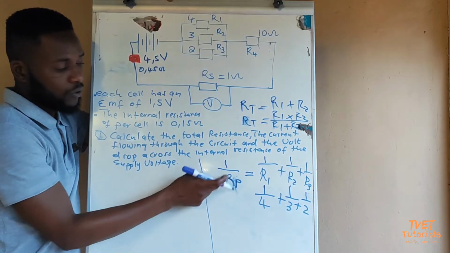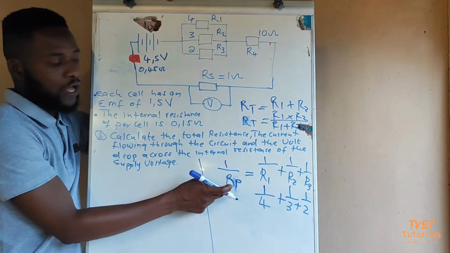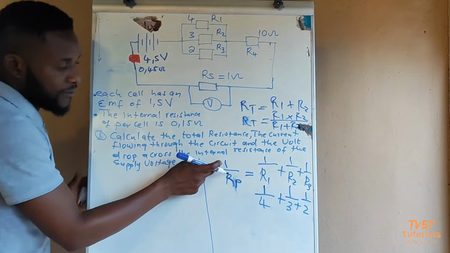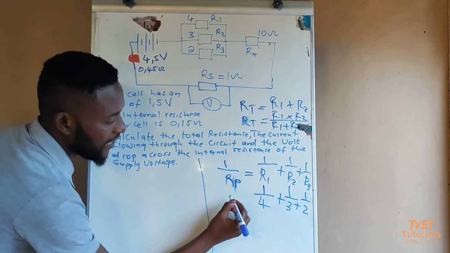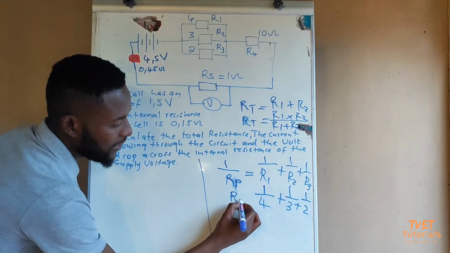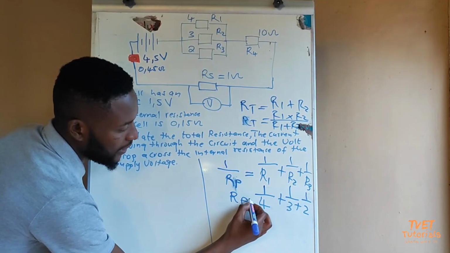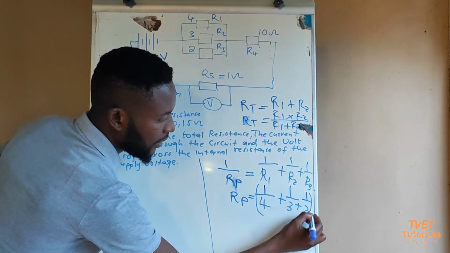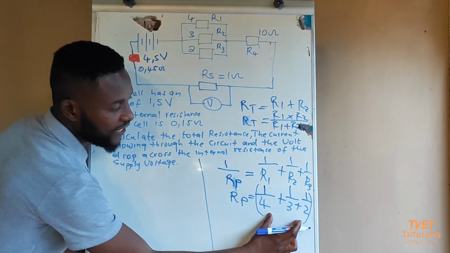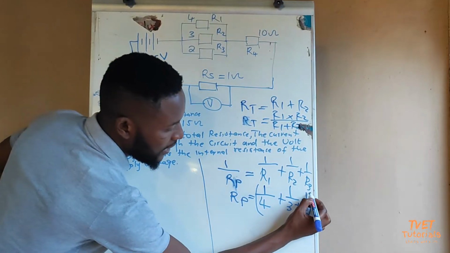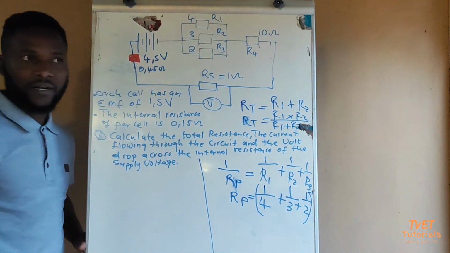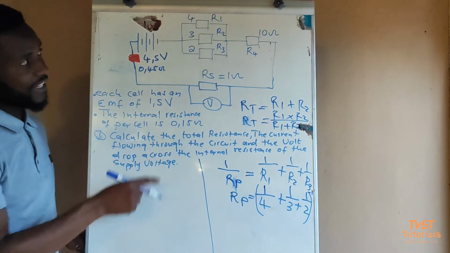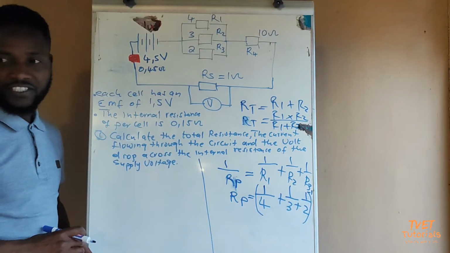You are calculating the value of Rp. So you need to get rid of this 1 in the numerator. So I can write this as R parallel is equal to, I put this fraction inside the bracket and I introduce a -1. So now you can put your calculator there to get the total parallel resistance.